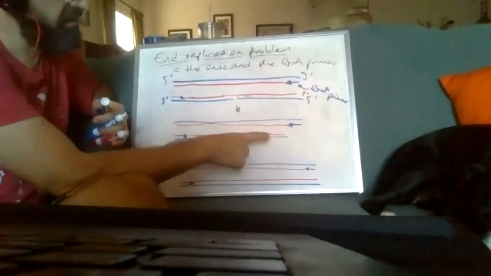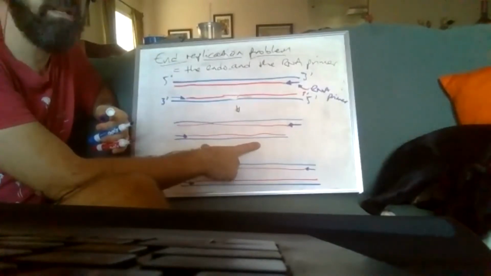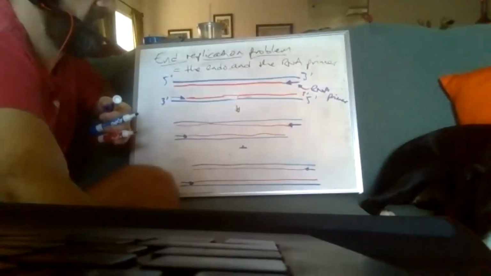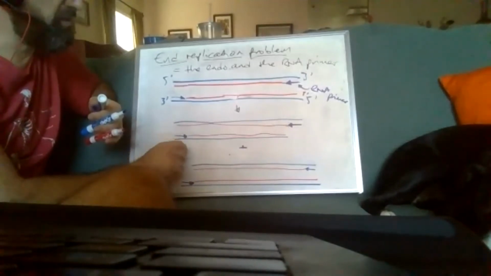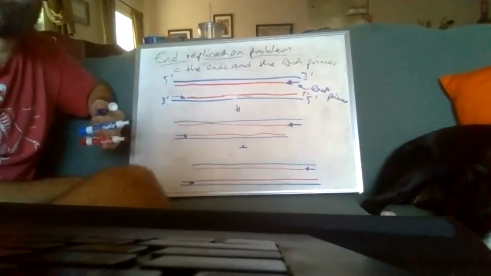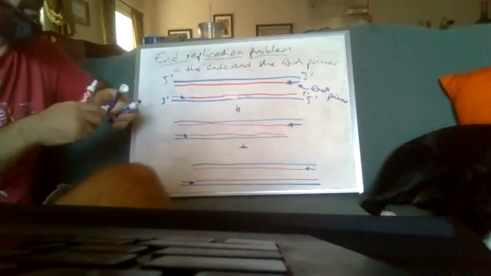So you can see this copy, chromatid, I guess, future chromosome, is a little bit shorter. This one is going to be even shorter than the original, and so on and so forth, right? This is called the end replication problem.